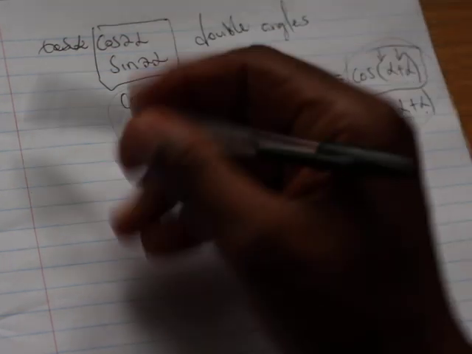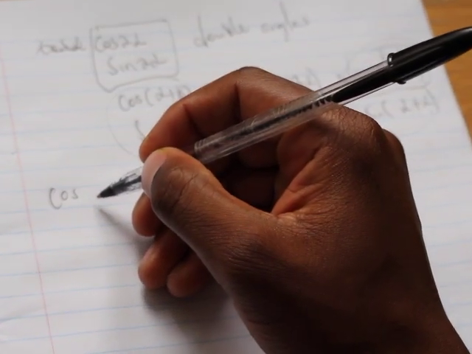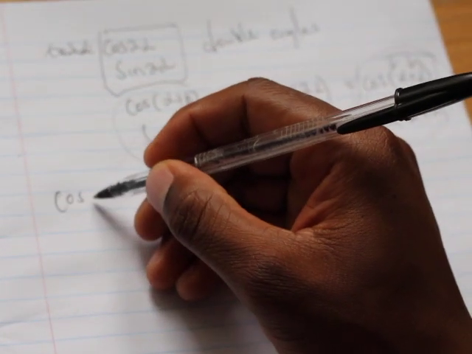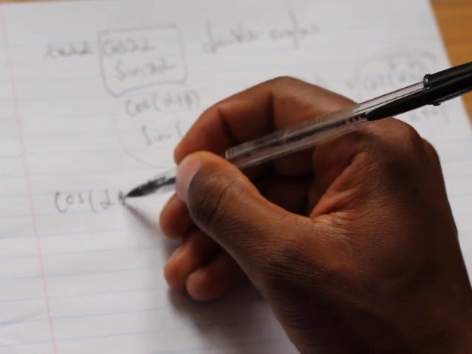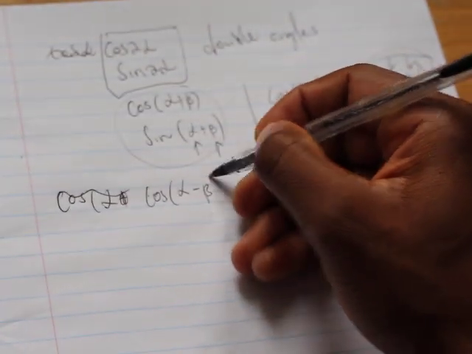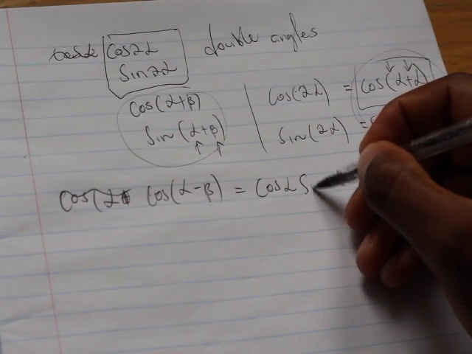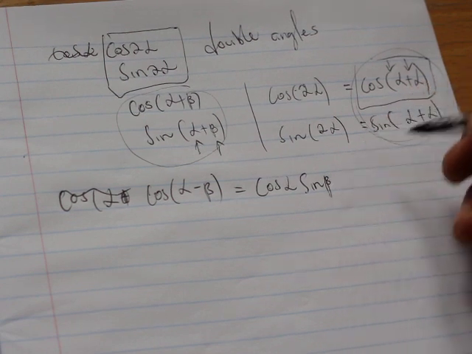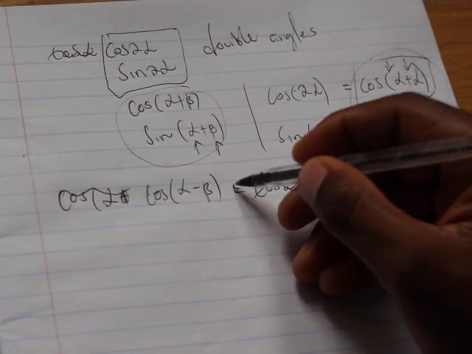Okay, so we have proven that the cosine of alpha minus beta is basically equal to cosine alpha sin beta. What am I doing?